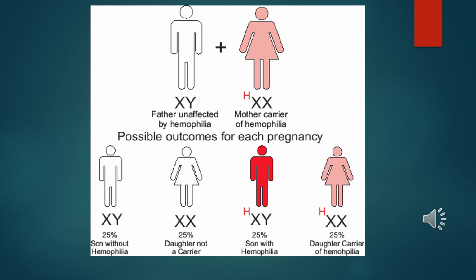If the boy is having the hemophilic gene on his X chromosome, then he will be hemophilic, and if the girl is having it on one X chromosome, then she will be a carrier. She will be hemophilic only when this gene is present on both the chromosomes. So it's the second one.